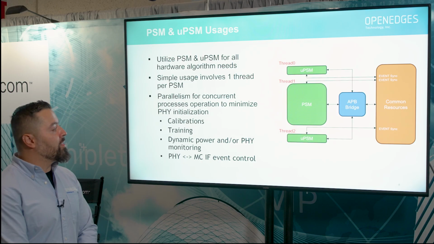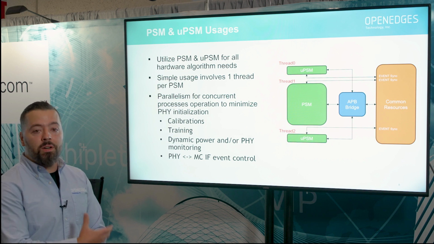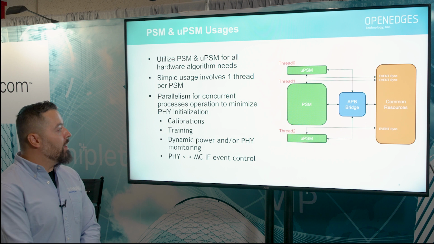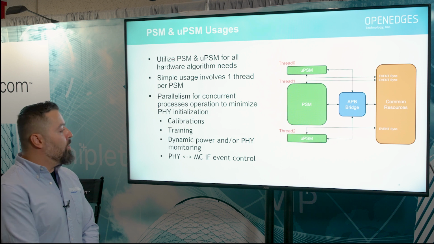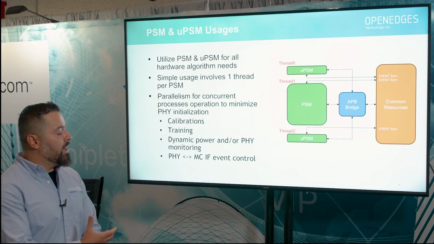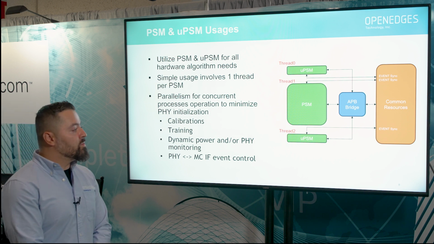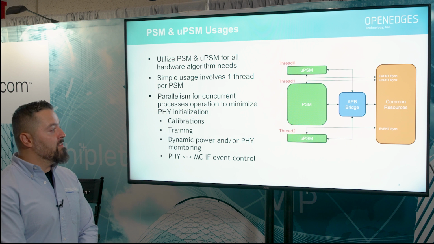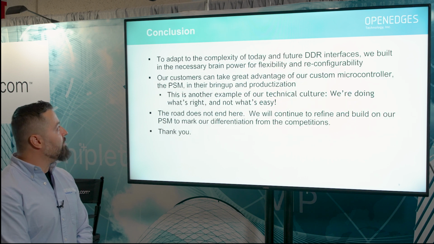Thread 1, the main PSM, can do periodic training or initialize the training, while one micro PSM can do periodic calibration of all the internal PHY engines, and another can be triggered and dynamically monitor the DFI interface. So with this, we can address any variation of the DRAM standard and customize the solution for our customers.